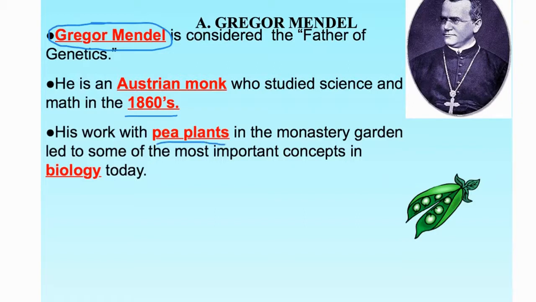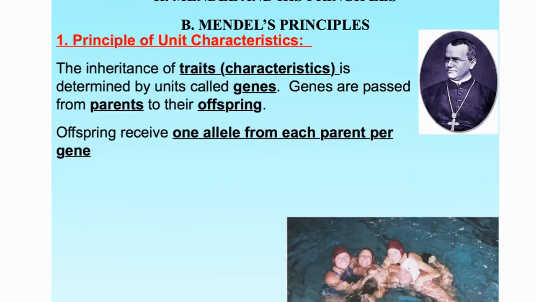He did not have Google, he did not have computers, but he did have pea plants. He would cross different plants to see what the offspring would be like. He'd cross different types of pea plants, and then he would look to see how the baby pea plants would turn out.